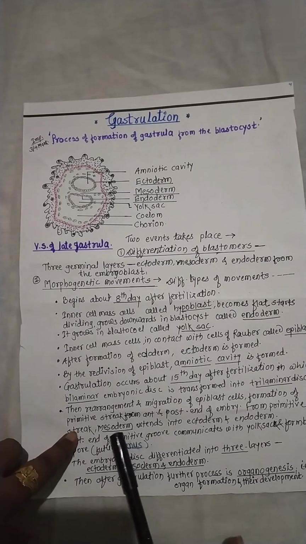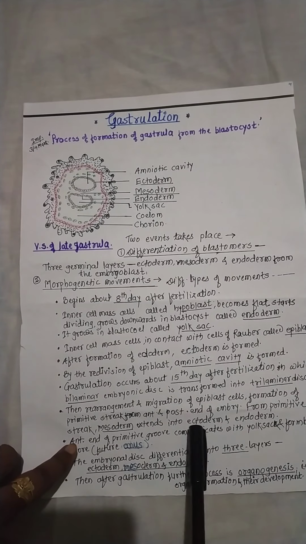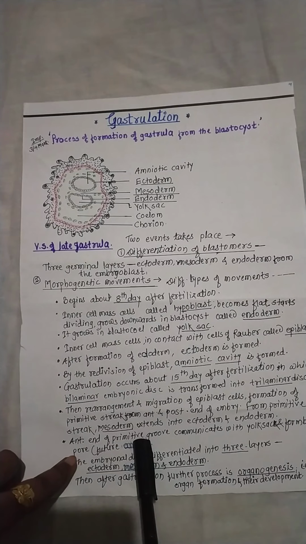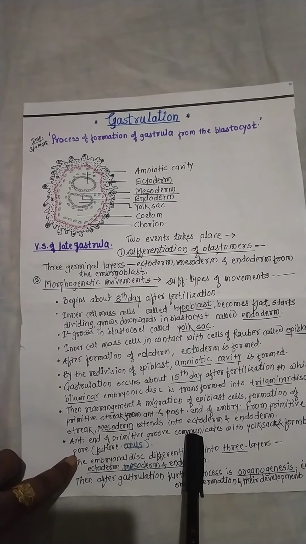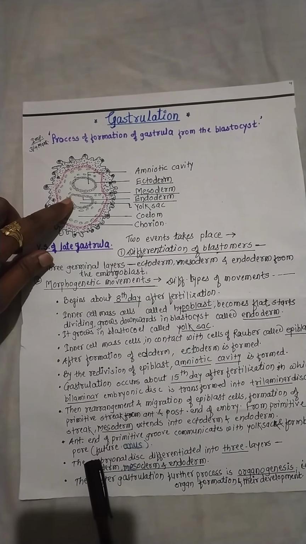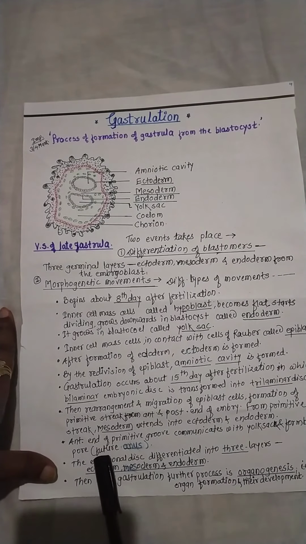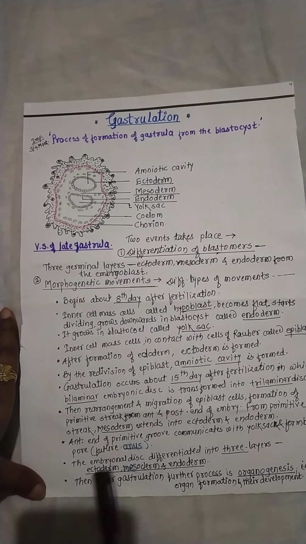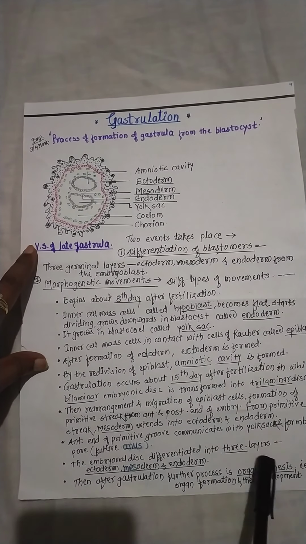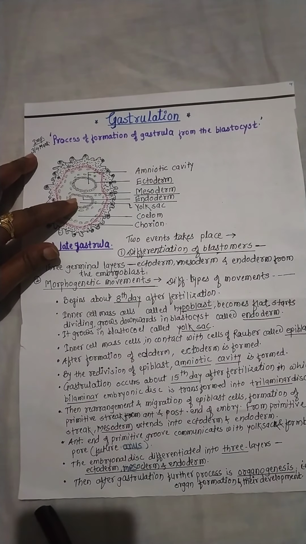From this primitive streak, the middle layer, that is mesoderm, extends between ectoderm and endoderm. The anterior end of the primitive streak, or primitive groove, communicates with the yolk sac and forms the blastopore. That blastopore is the future anus of the developing fetus. The embryonal disc is thus differentiated into three layers: ectoderm, mesoderm and endoderm.